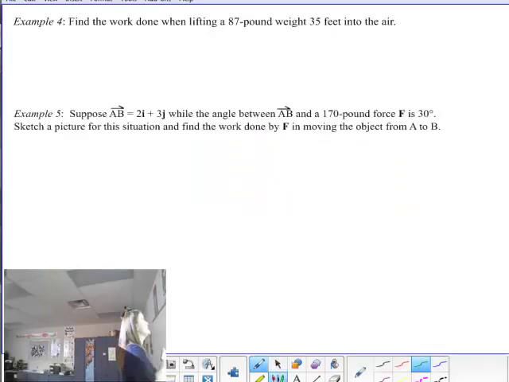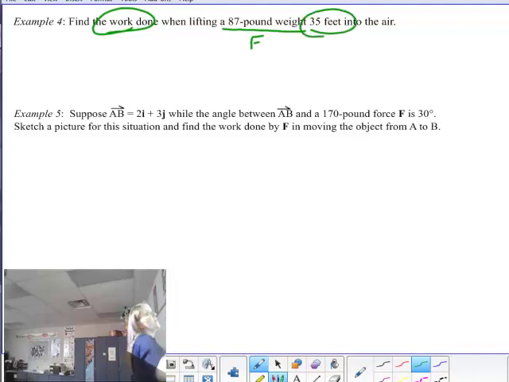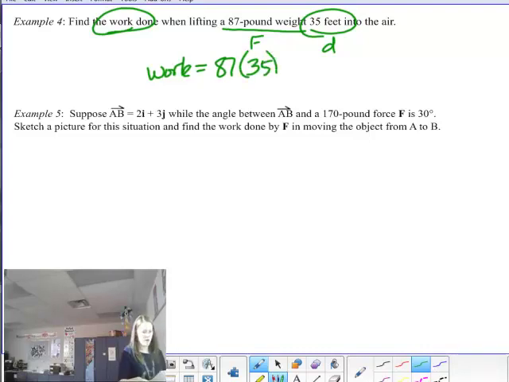Example 4, find the work done when lifting an 87-pound weight. So this is going to be our force, and we're going to lift it 35 feet into the air. This time they didn't give me an A and a B, but we know that the magnitude of AB is 35. So the work will simply be the force, 87 pounds, multiplied by our 35 feet in the air, and we will get 3,045.